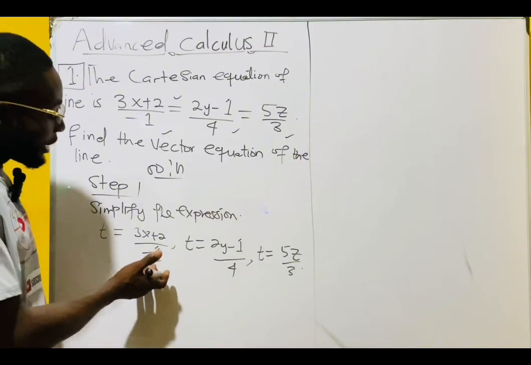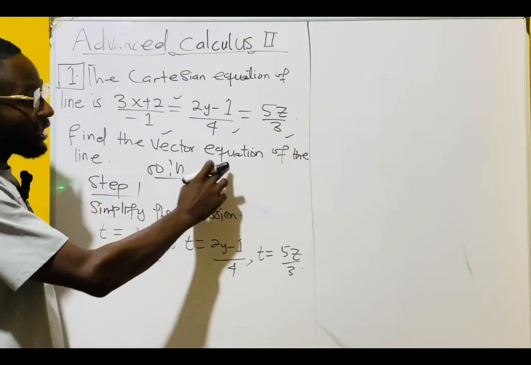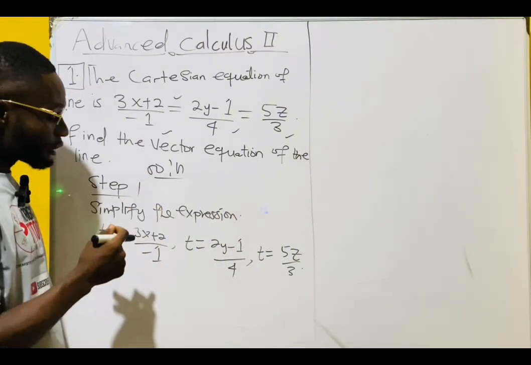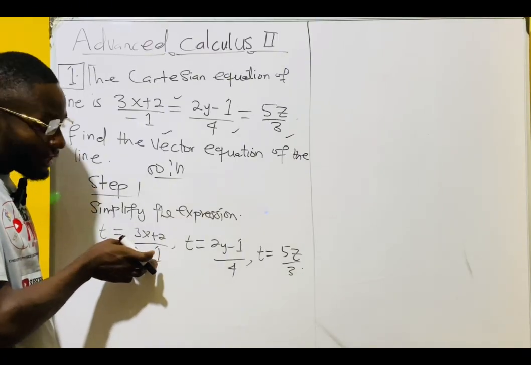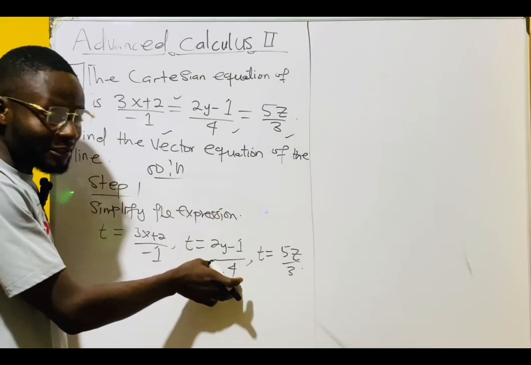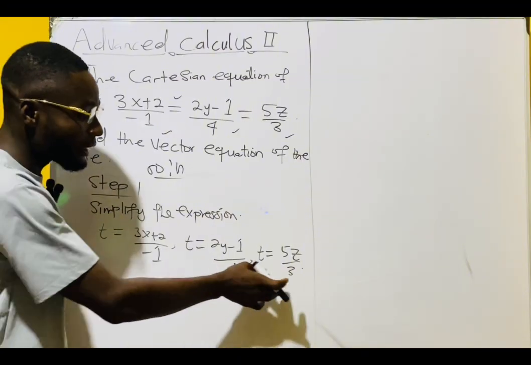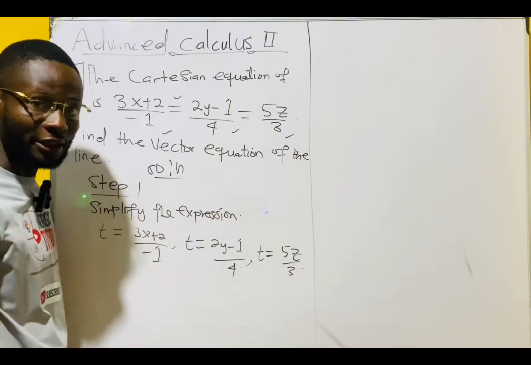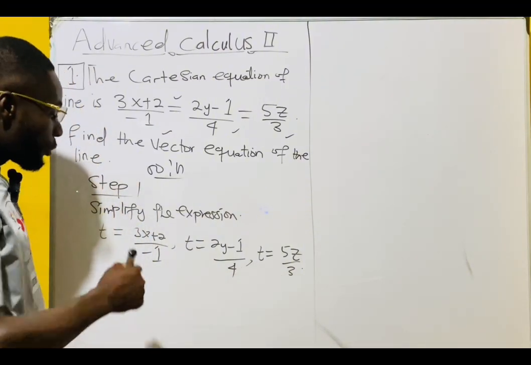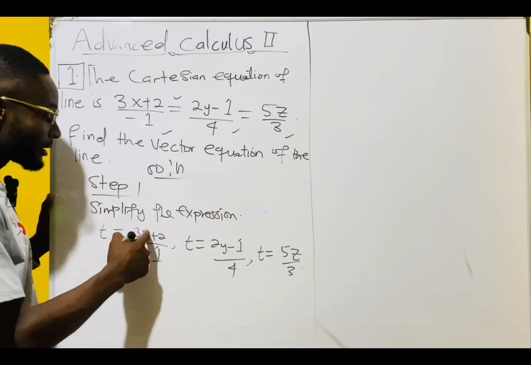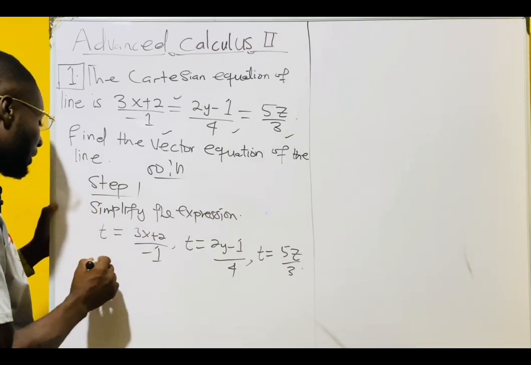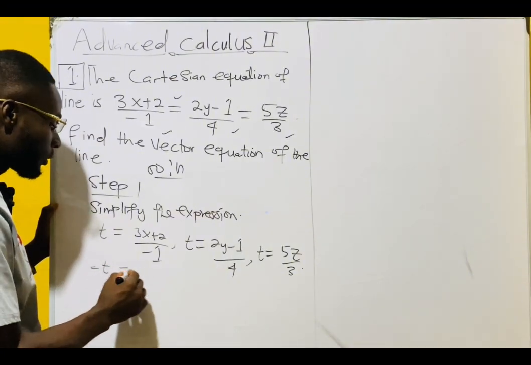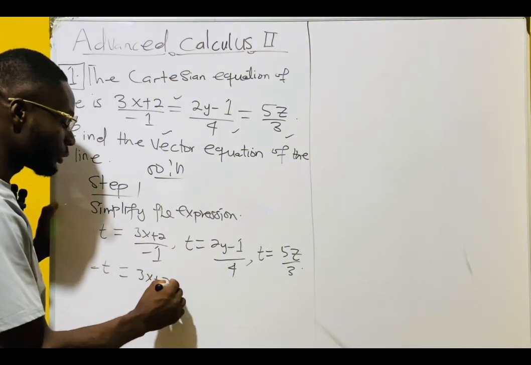So here, we want to find the vector equation of the line, right? So we have to make sure that we make x the subject here, make y the subject here, and make z the subject here, right? So we are going to make x the subject in this expression. So we're going to say that -t equals 3x plus 2, right?